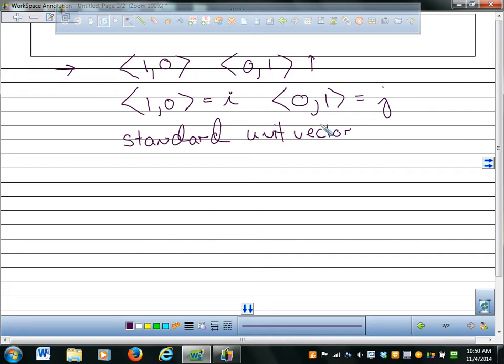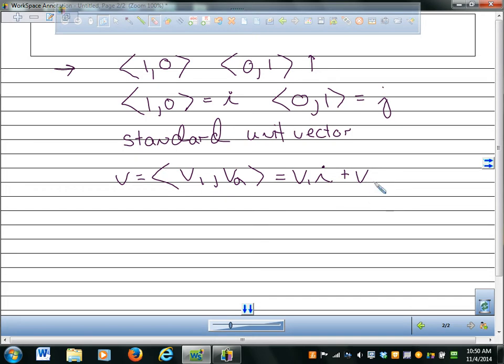Now sometimes, with this i and j, when you see a vector v equals the x component, which we'll call v1, and the y component, which we'll call v2, we could write this in equivalent form as v1 in the i direction plus v2 in the j direction.